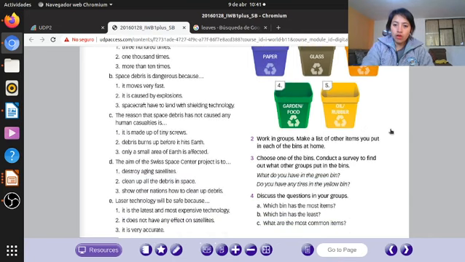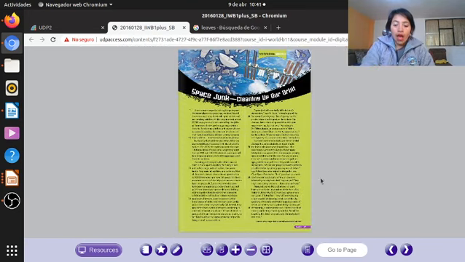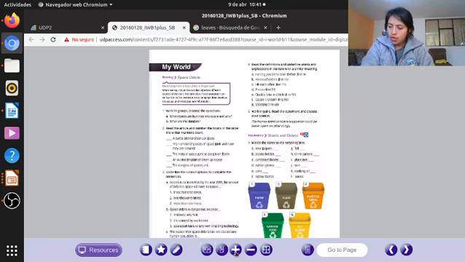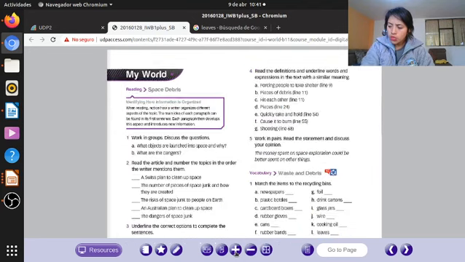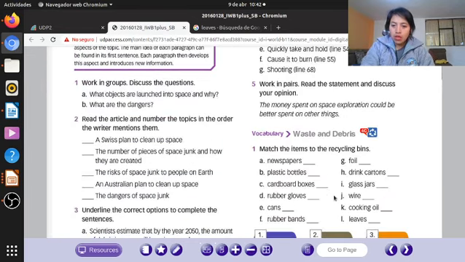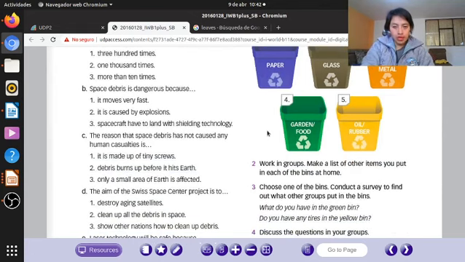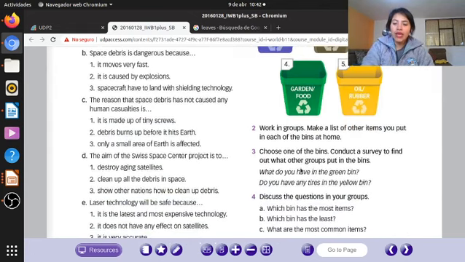You have to choose one of these bins and conduct a survey to find out what other groups put in the bins, right? And you have to write that in a sticky note, right?